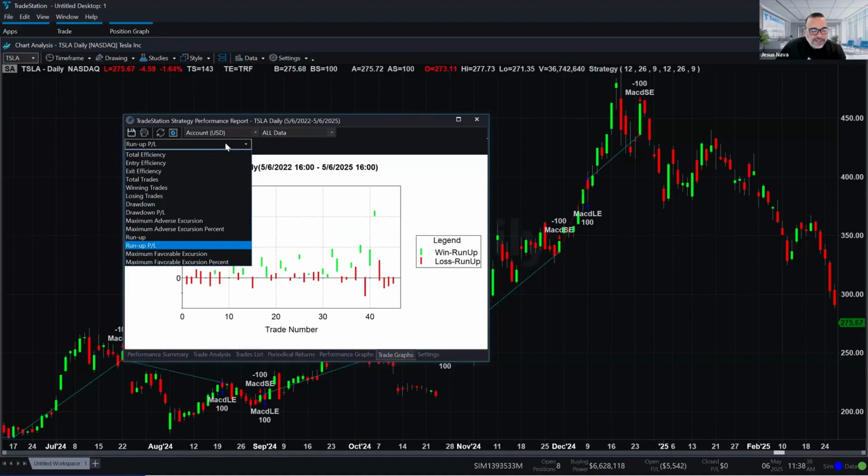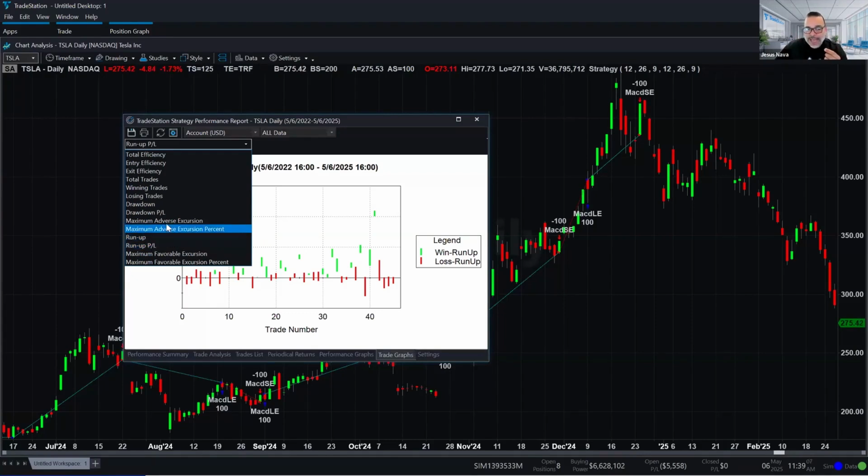One of the trade graphs that I also find very interesting are the maximum adverse excursion and maximum favorable excursion. You're going to see that in your strategy development, these graphs are going to expand into more detail. For example, the drawdown and the drawdown P&L, the run up and the run up P&L, think of them as a bundle.